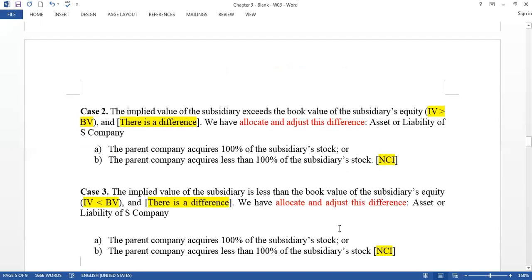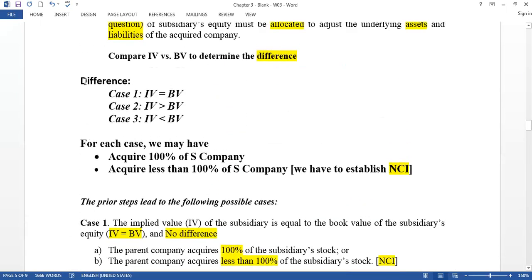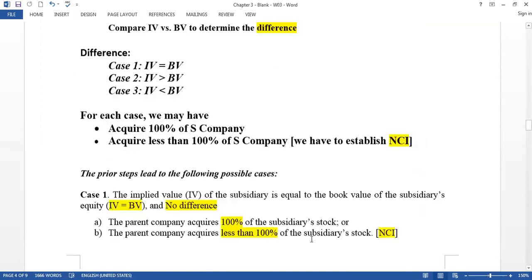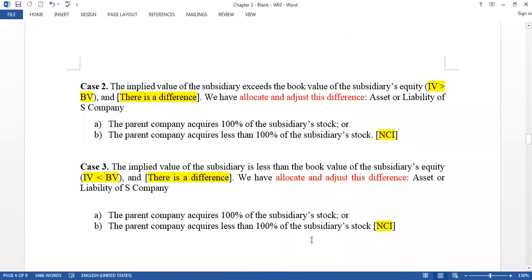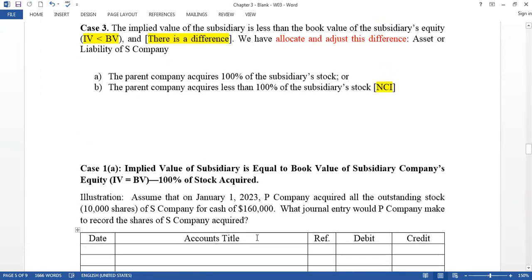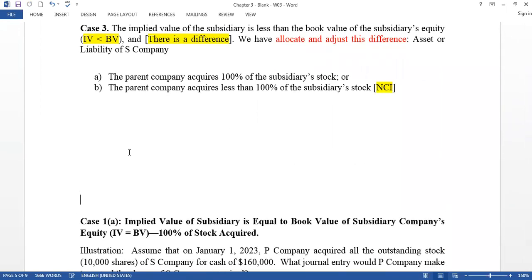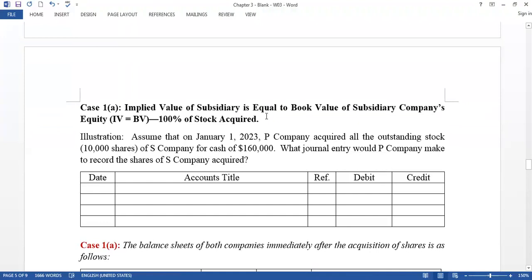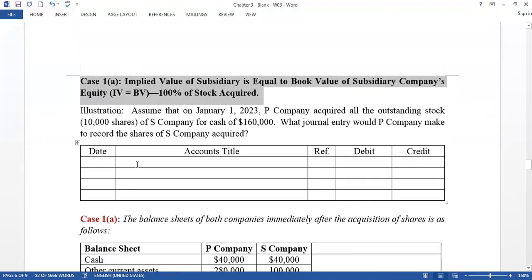So this is the information I put here as a summary. Now, don't worry, when we solve one question, you will find it easier. This is the title I put here, but your question may not have this title.